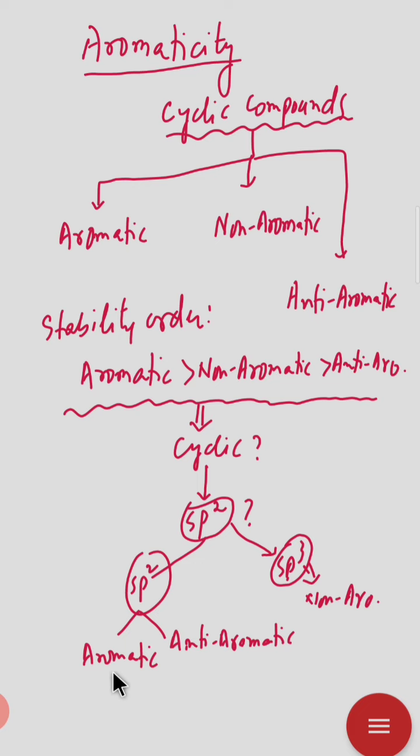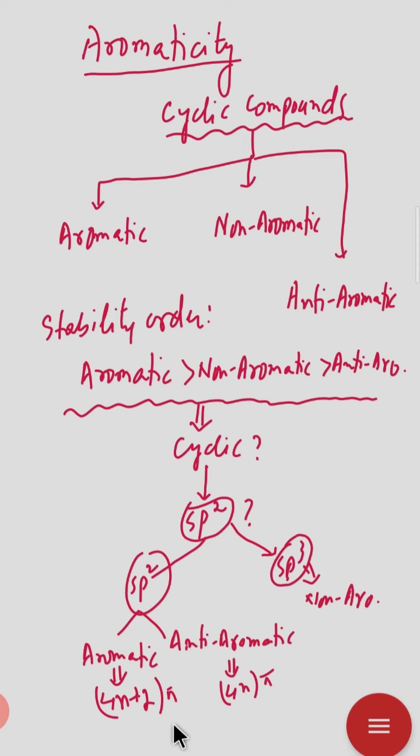So aromatic when there are 4n plus 2 pi electrons, the compound will be called aromatic, and if the number of pi electrons is 4n, then the compound will be anti-aromatic.